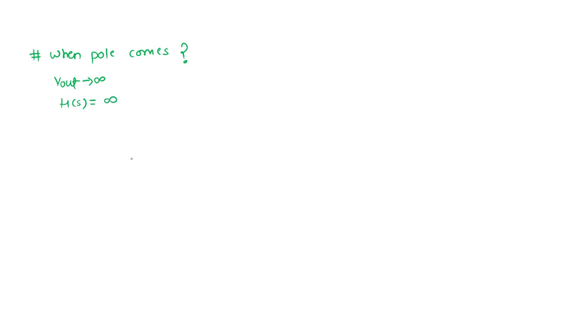So if there is any impedance Z, I'll draw it first. So this is my input. This is my Z1. This is simply Z2, and this is my output.